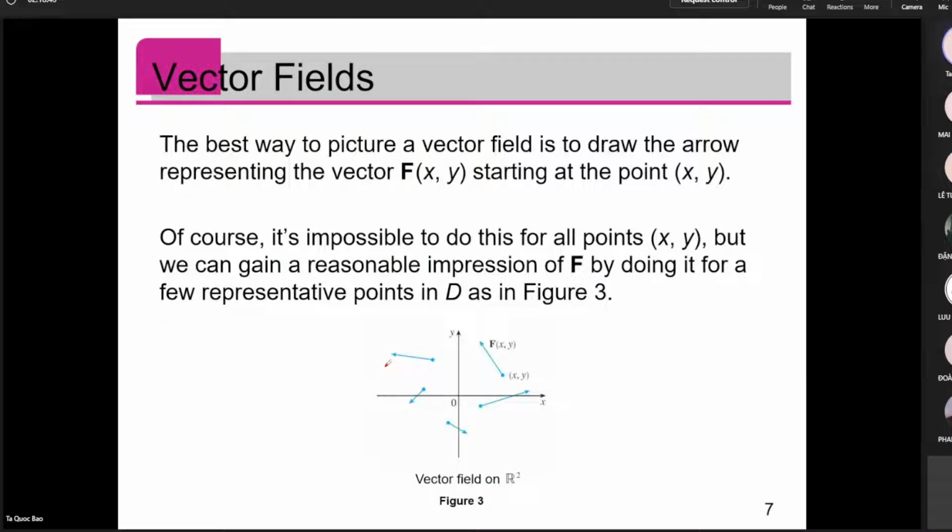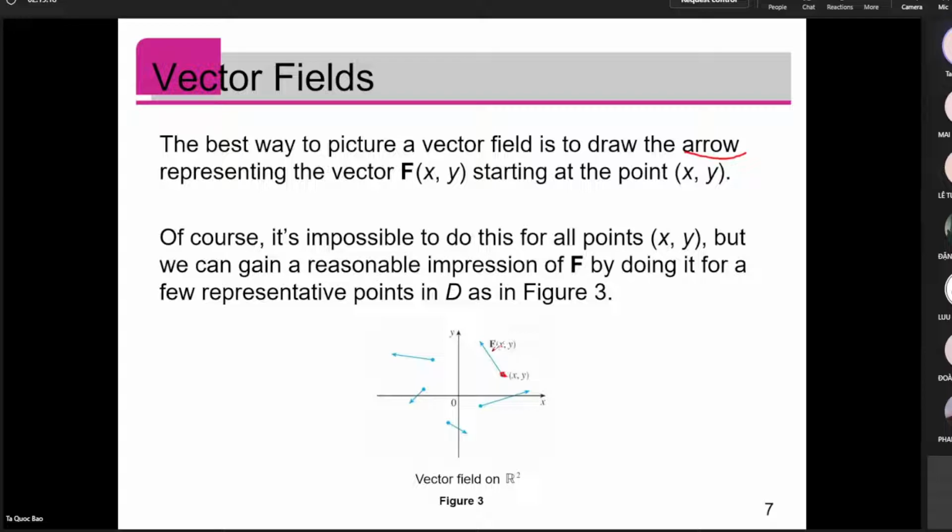So this is a definition of vector fields. The best way to picture vector fields is to draw arrows representing the vector F(x, y), starting at the point (x, y). Okay, so look here. If we have a point (x, y), then we have a value F(x, y).